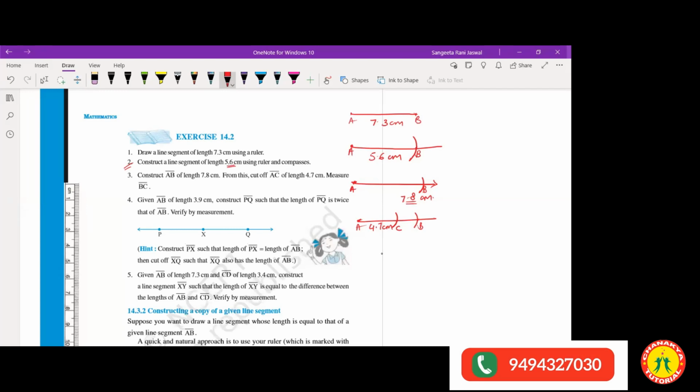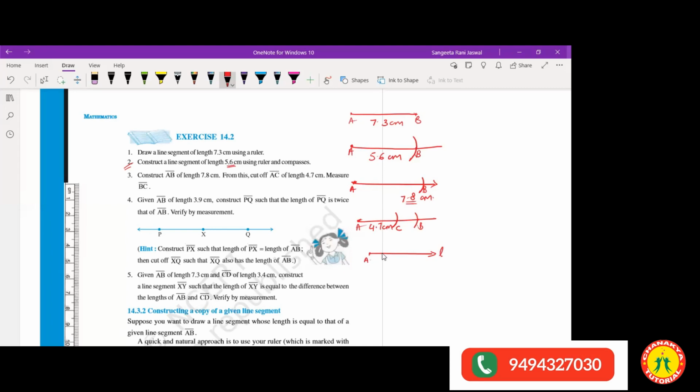First we will take the measurement of 3.9 centimeters again and multiply it by two, and then we'll draw on that. Now see, children, very good, Advika. Whatever you said is absolutely correct.